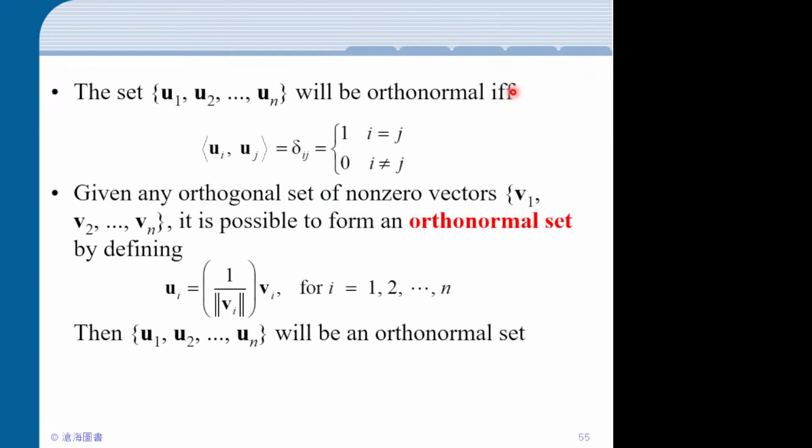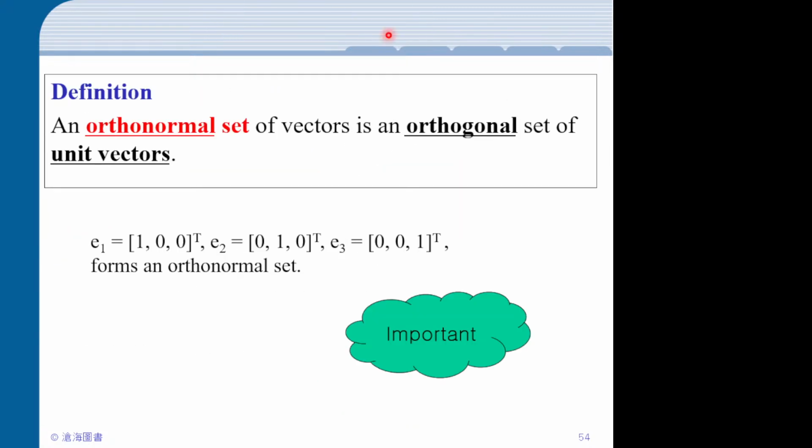Back to our orthonormal basis example, this E1, E2, E3. I guess that's a little too trivial, but like you want to find your element as a linear combination of E1, E2, E3, then it's pretty clear that your x equals (x1, x2, x3).